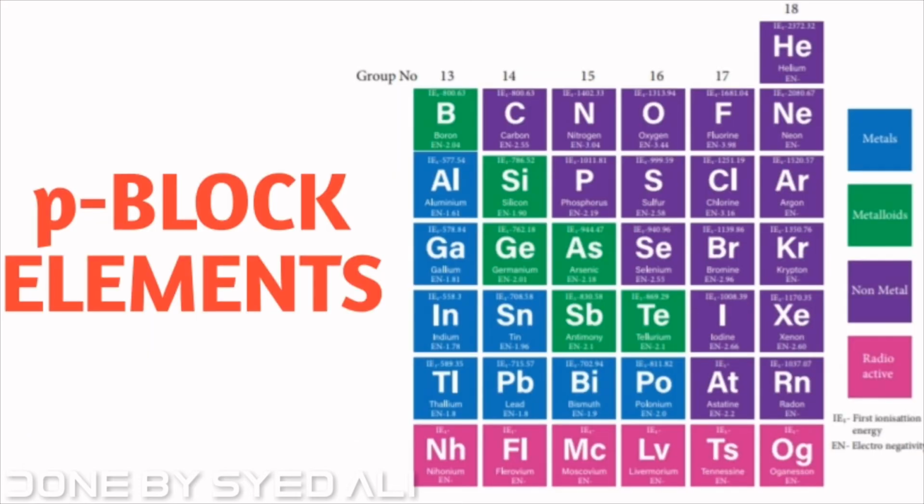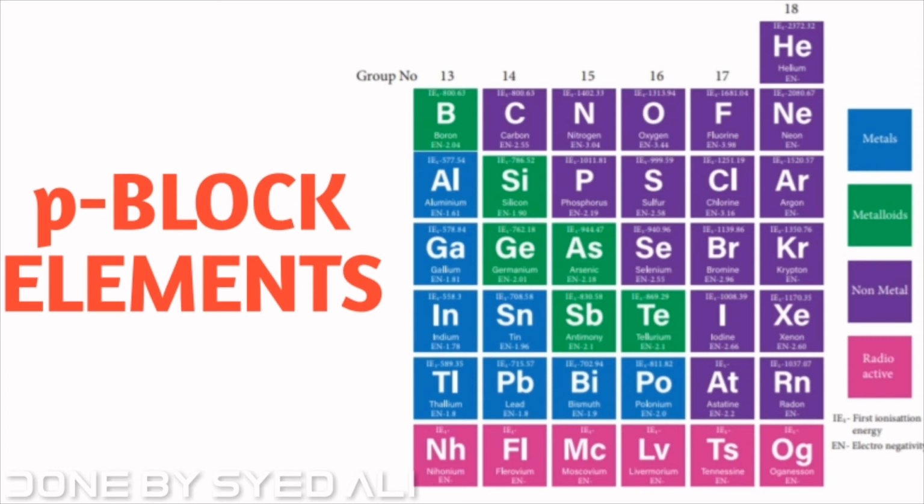In the periodic table, we are going to study group 13 to group 18. Here we can see in the p block elements some kinds of elements: metals, metalloids, non-metals and radioactive elements, that is, unknown elements.